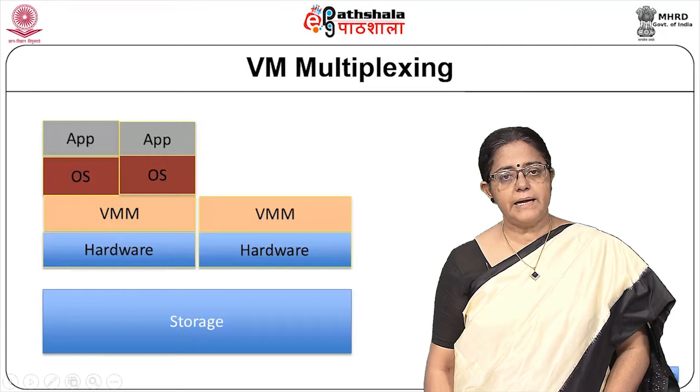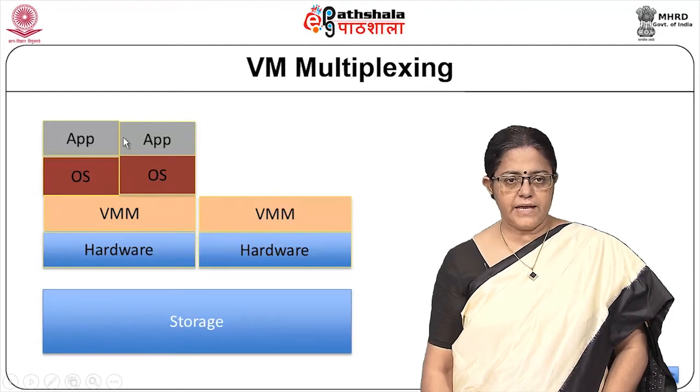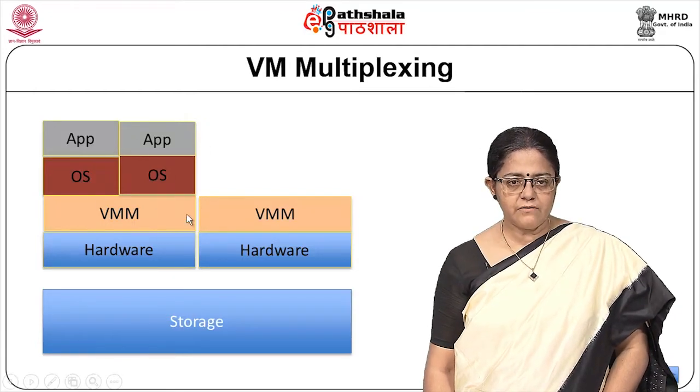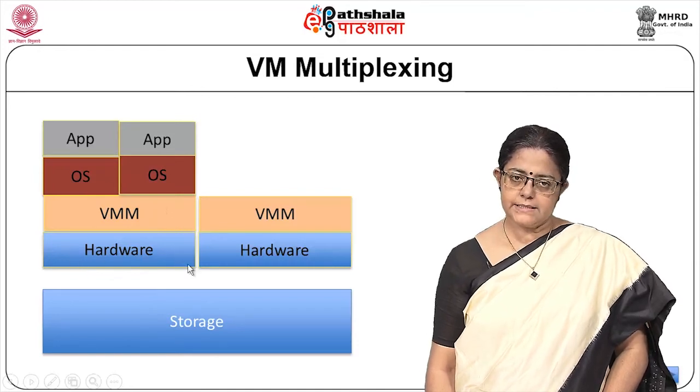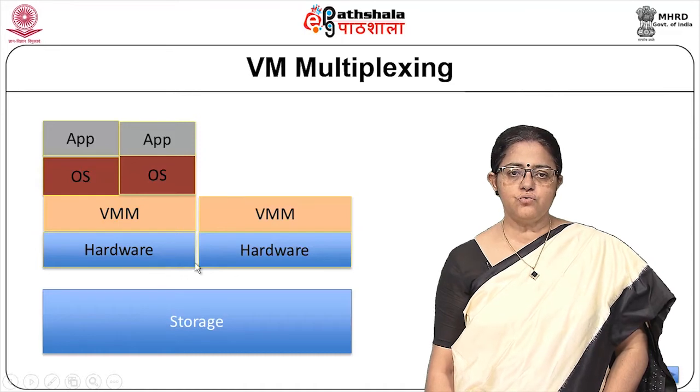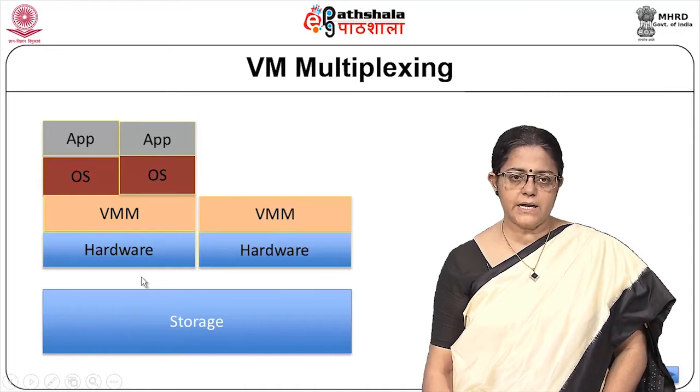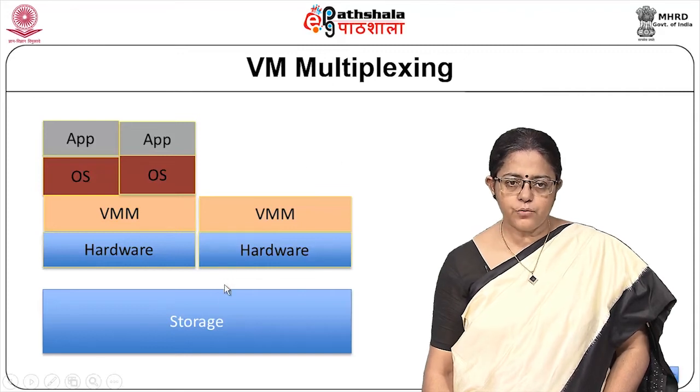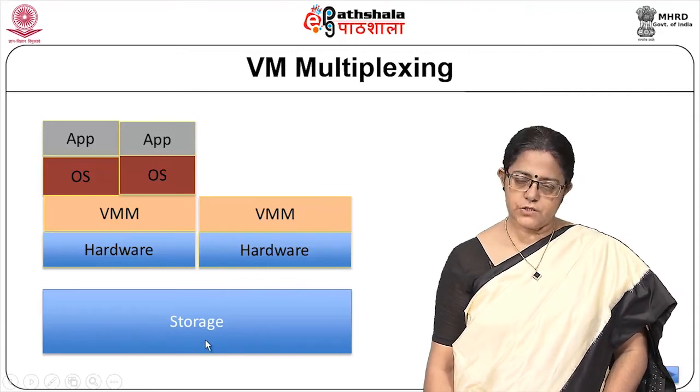So, this is a multiplexing of a VM. We see that there is one VMM on top of a specific hardware. If we look at this carefully, there are actually 2 machines. One is this machine and the other is this machine. They are both sharing a specific storage.